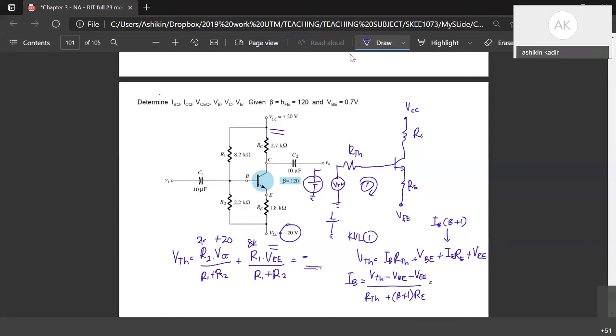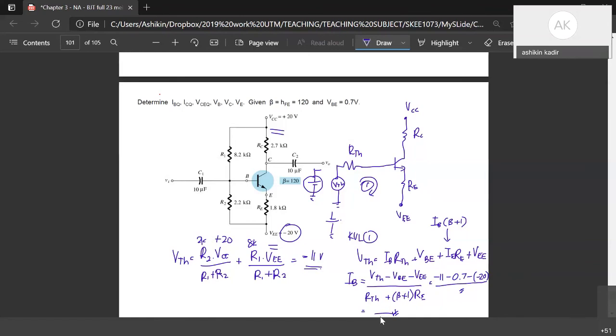If you want to put the value, your VTH here I get around minus 11. So I write it as minus 11 minus VBE, which is 0.7, minus VEE. VEE is minus 20. So just write it over here. IB would be equals to, this one you can do after this.